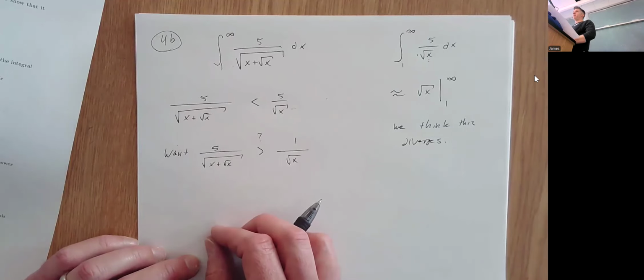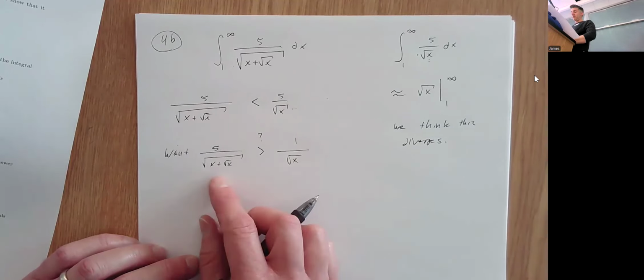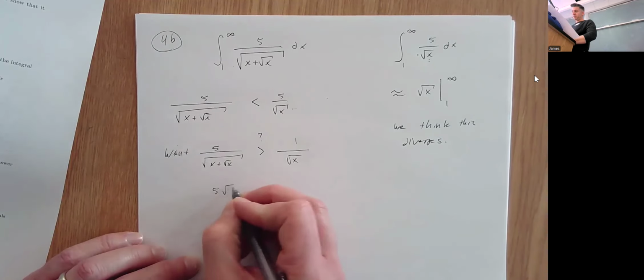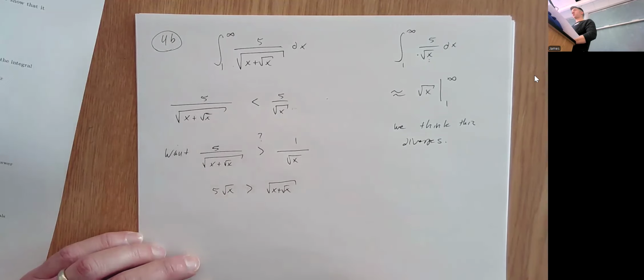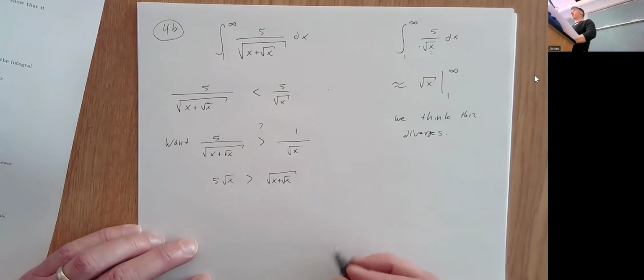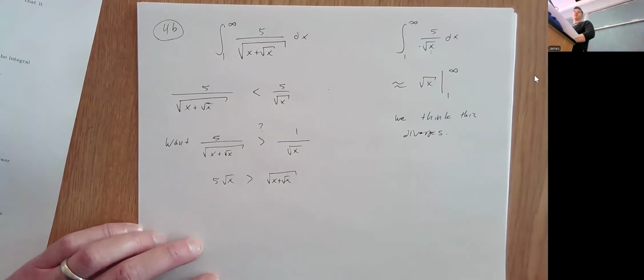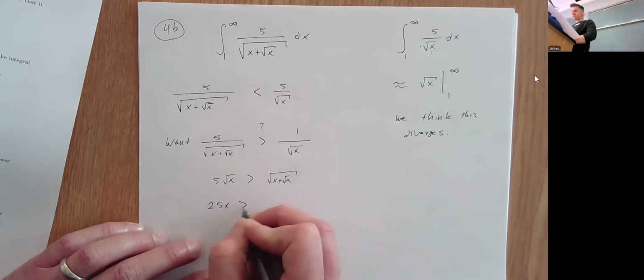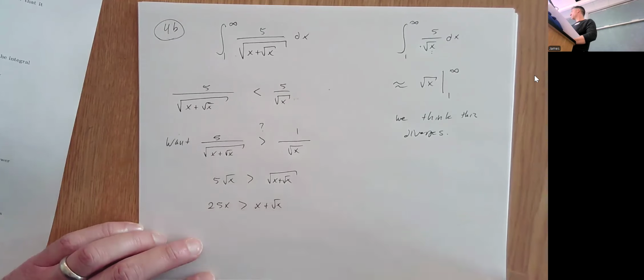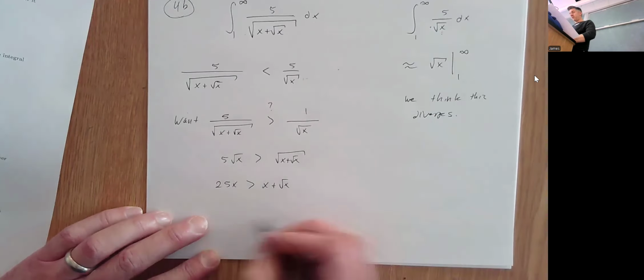Okay, here's the not fun part. I'm going to try to figure this out. So I'm going to cross multiply. Square both sides. Both sides are positive. Squaring both sides won't change the direction of the inequality. Kind of funky though. I'm going to subtract x from both sides.